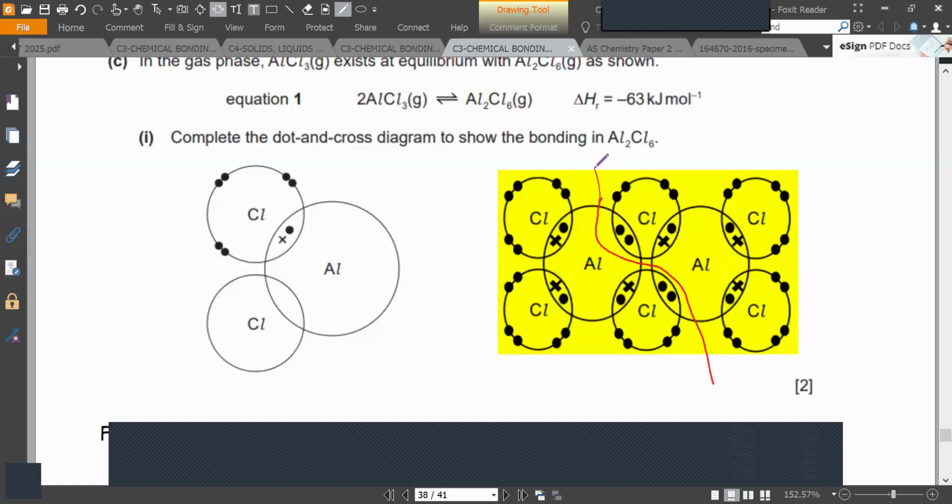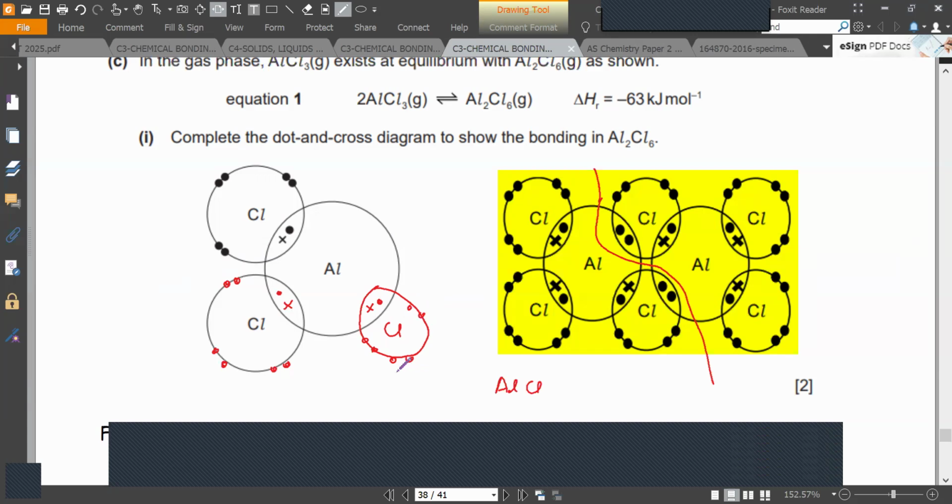First, we need to know how to draw AlCl3. We have standard covalent bonding between aluminum and chlorine, like this.